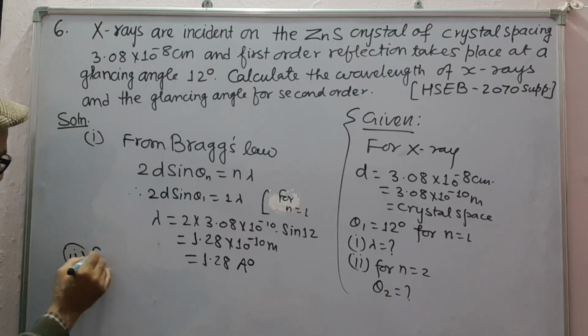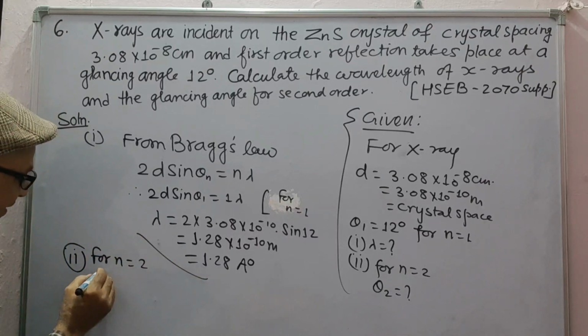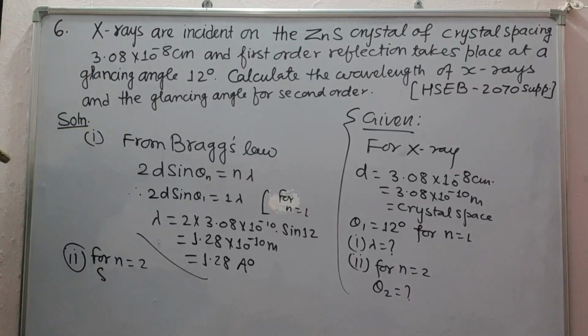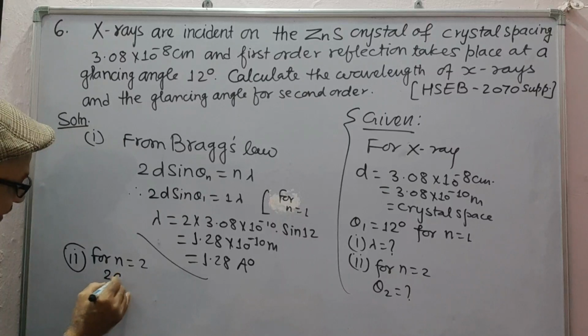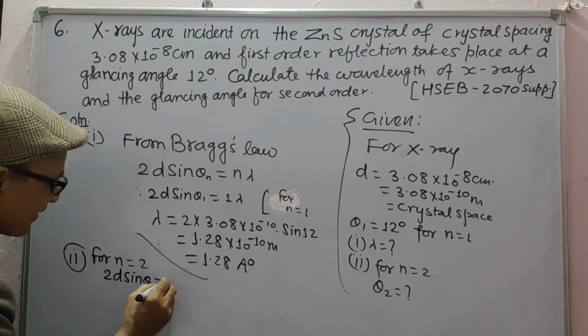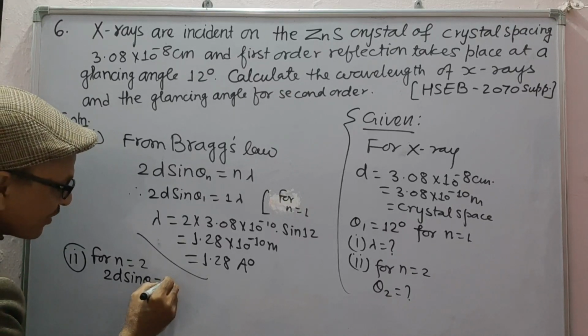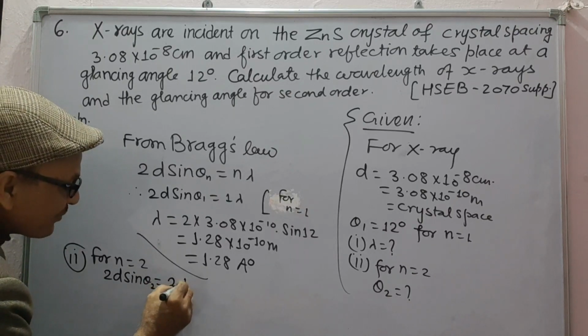Now second part, for n is equal to 2, 2d sin theta 2 will be equal to n is equal to 2 into lambda.